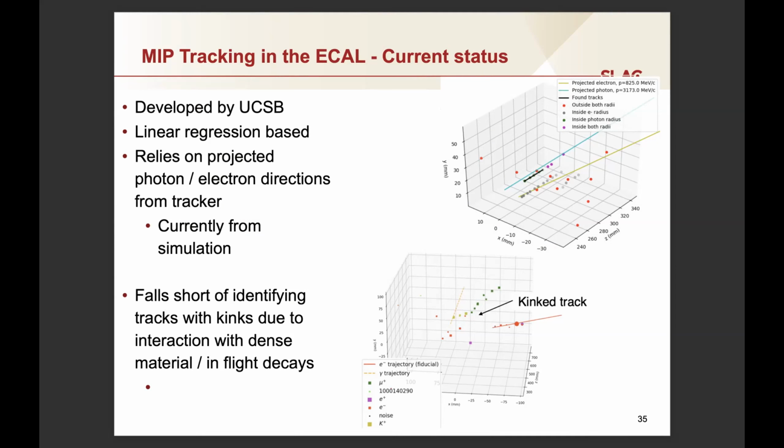I have no idea if they plan to use this package, but I think it's a good idea to keep an eye on that. I can follow up. I am not aware of any decision to use it. They just bumped me this problem of kink tracks, so probably it's going to end up in my basket.